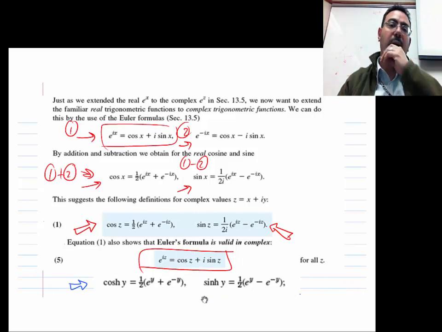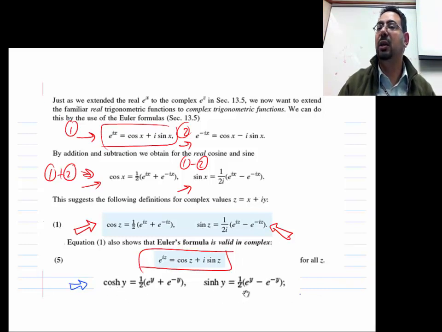Okay, and by definition you know that the cosine and the sine are given by this. It almost looks like the cosine and the sine except for the i. So this was e to the power ix and e to the power minus ix. This is e to the power iy and e to the power minus iy. There is no i, just y, just the 7. So cosine 7 is half e to the power 7 plus e to the power minus 7.